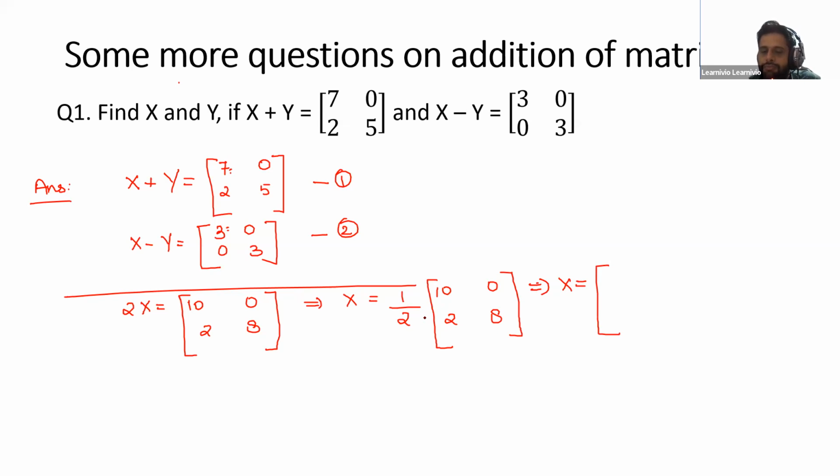Always remember, if outside a matrix you have any number, or you are multiplying a matrix by any number, then all the elements will get multiplied with that number. So we have 1 by 2. Here we will get 10 into 1 by 2, here 0 into 1 by 2, here 2 into 1 by 2, and here 8 into 1 by 2. So finally, you will get x equal to 5, 0, 1, and 4.